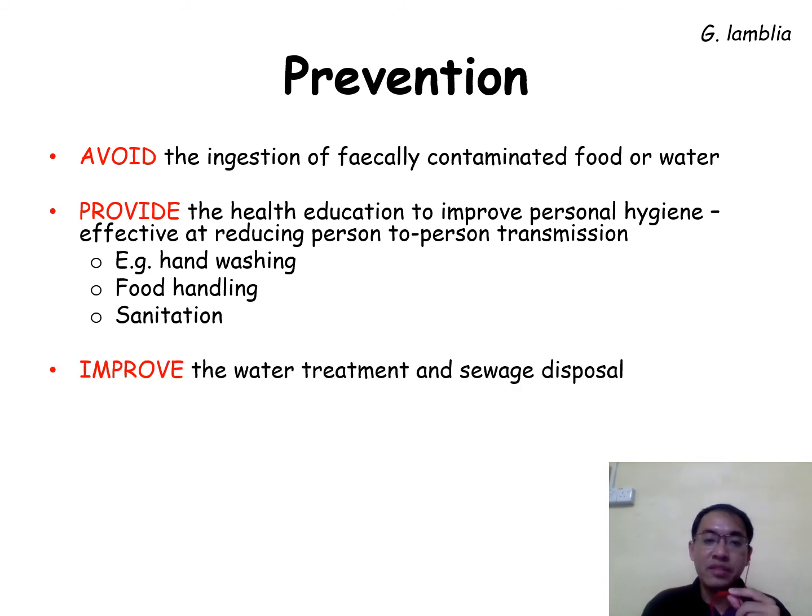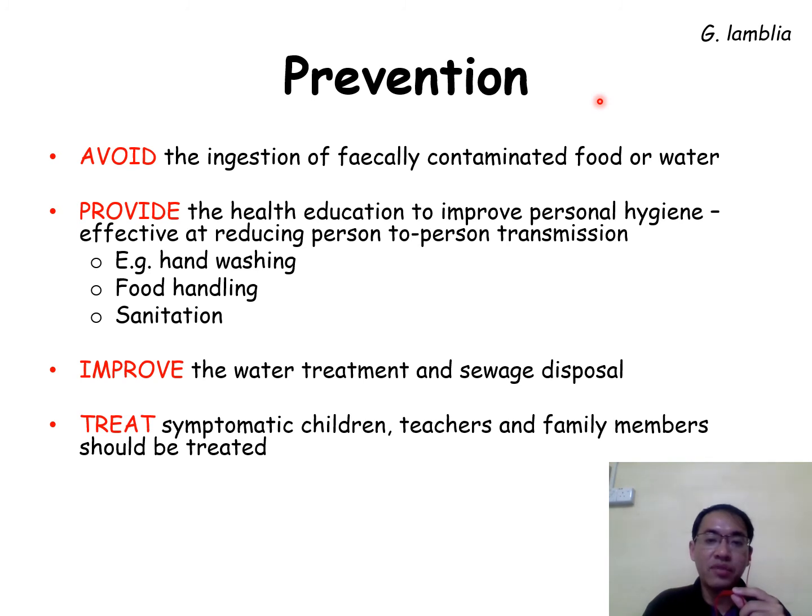For the environment, we can set up water treatment plants and provide a basic sanitary system in the endemic area. This will greatly help to break the chain of the life cycle. To counter the pathogen, we have to screen and treat the infected individuals to reduce the size of the reservoir for the parasites.